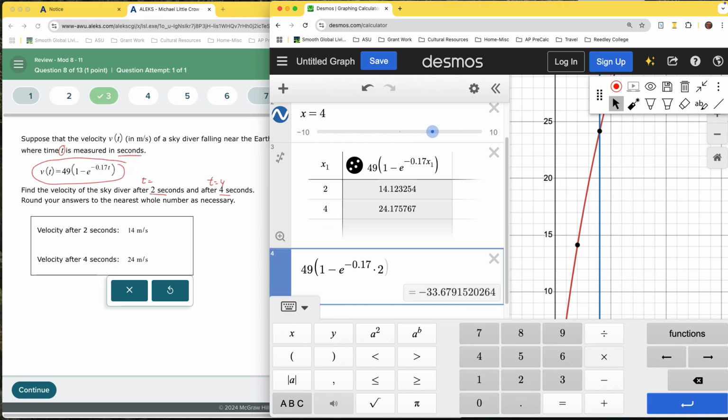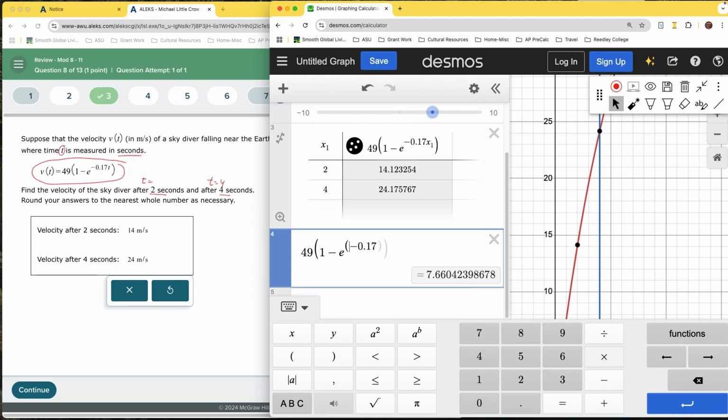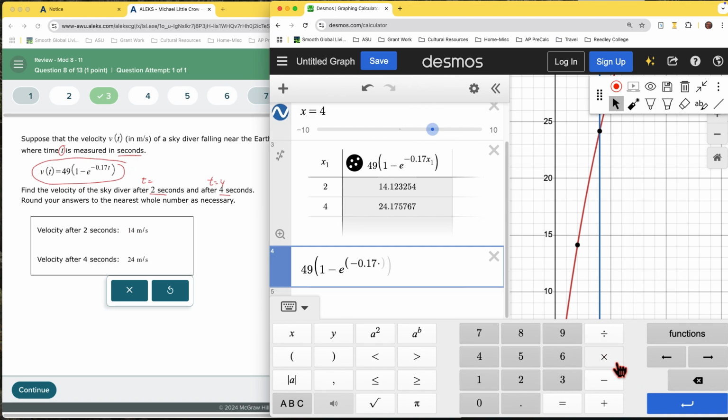Times 2. It's not working. Okay, what I think needs to happen, this is why it's harder this way, I need to have the exponent in parentheses as well so that the system knows to keep everything up there. And see, now it's going to get me to times 2, and then I can close that, and I still get my 14.